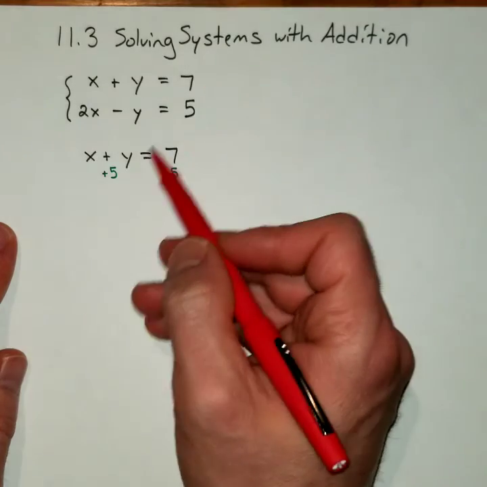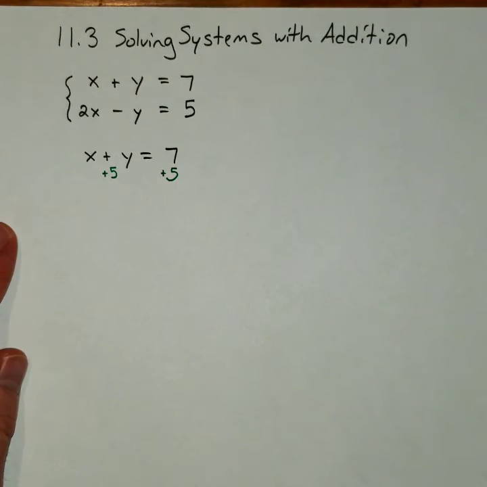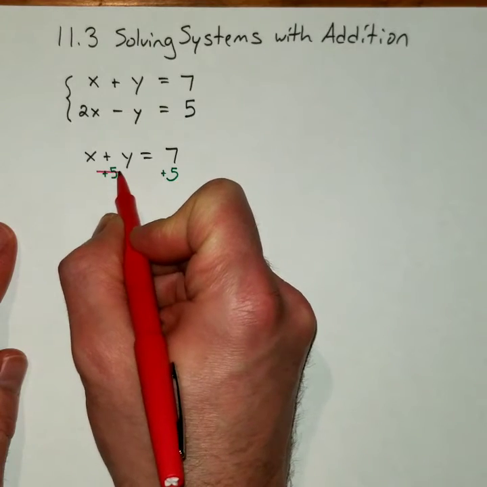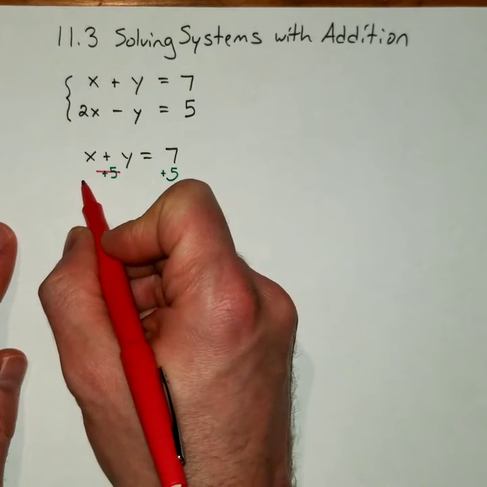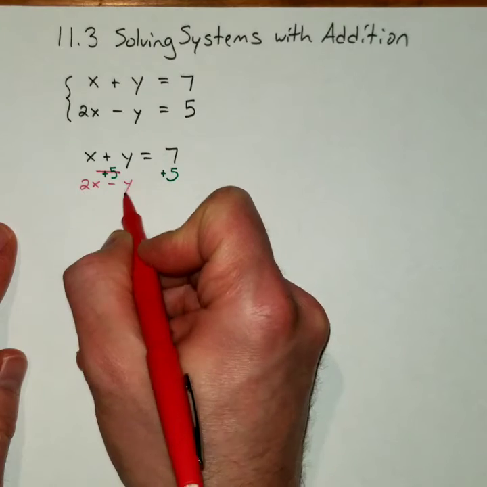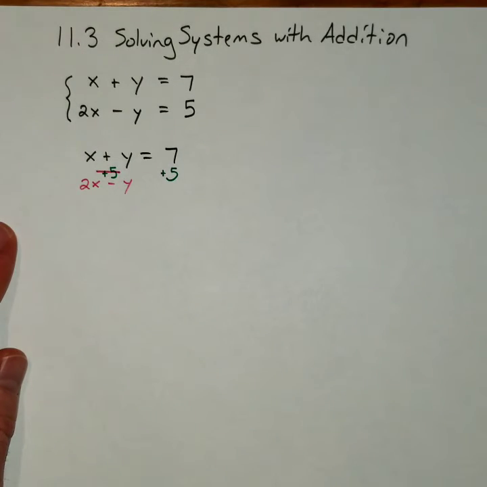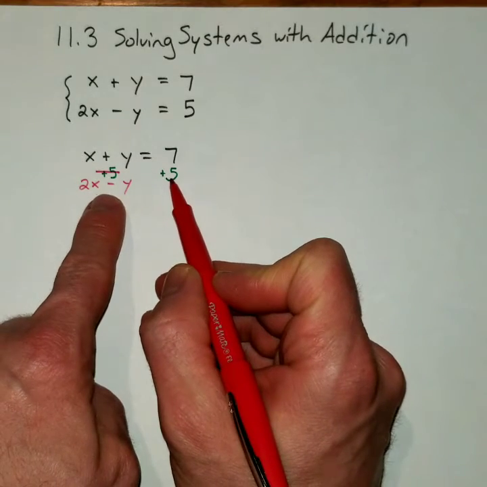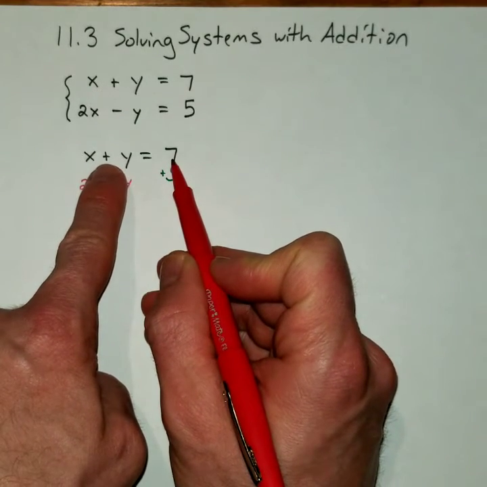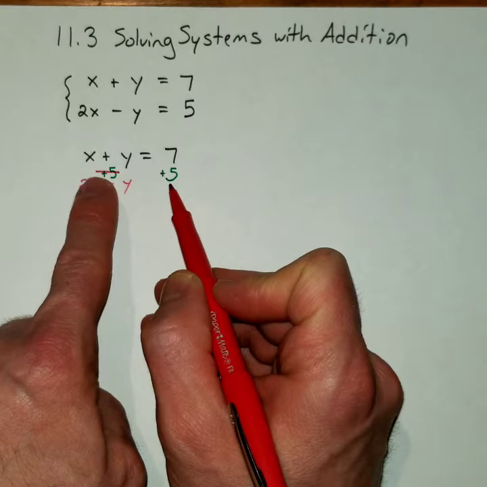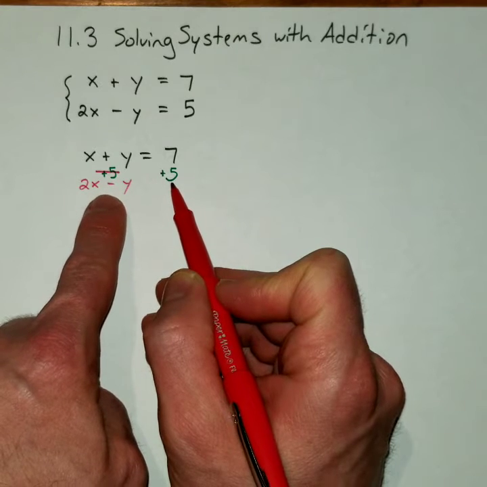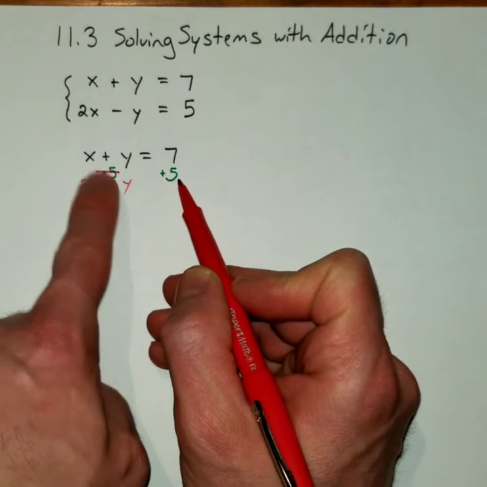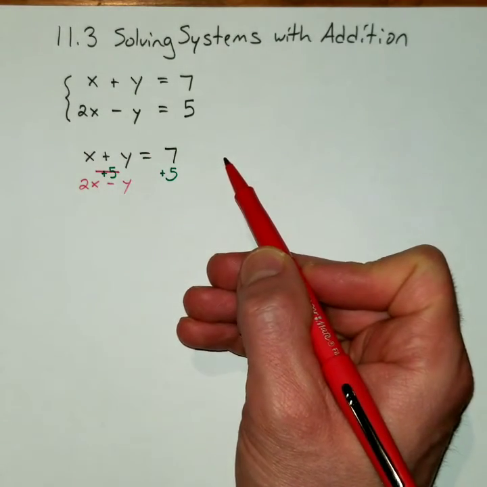Okay? I could replace a 5 with anything that it's equal to. And so in this case, I'm going to replace this 5 with 2x minus y, because I know that they're equal to each other. And so now I'm essentially adding 5 to both sides of this equation. Okay, I'm adding 5. The 5 on the left is written in a weird way. It looks like 2x minus y, but because that's equal to 5, I'm really just adding a 5.